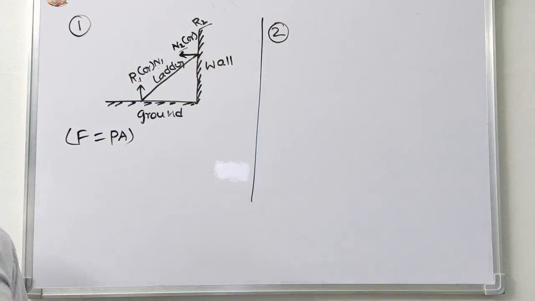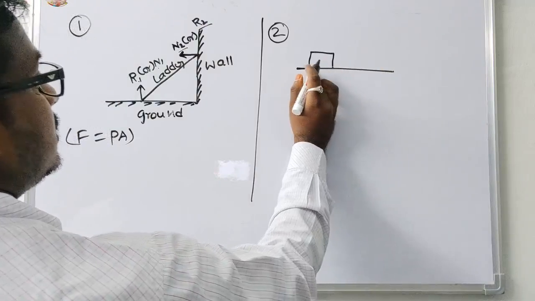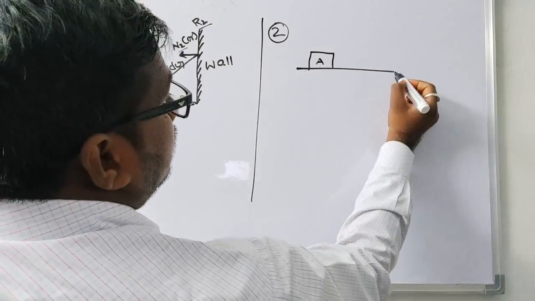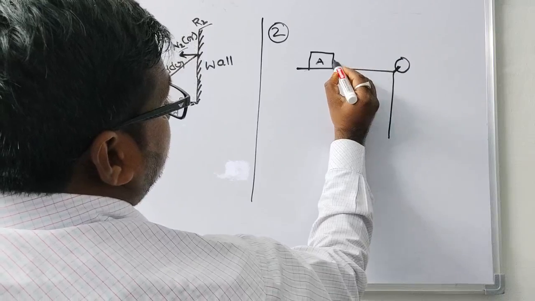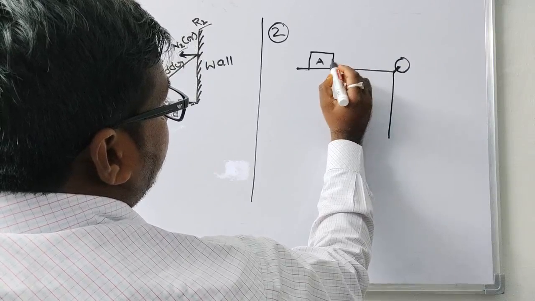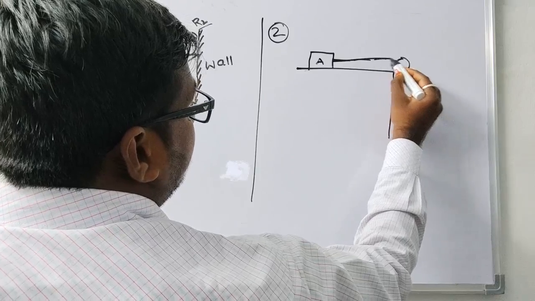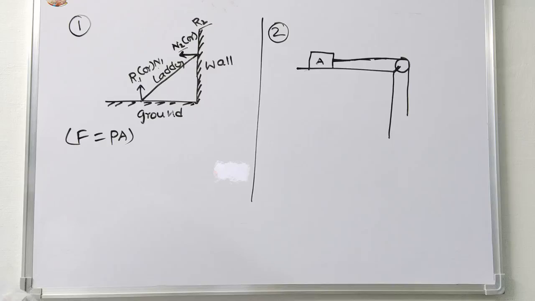One more example: tension in a string. This block is A. One end of the string is fixed to block A and passes through the pulley P1.